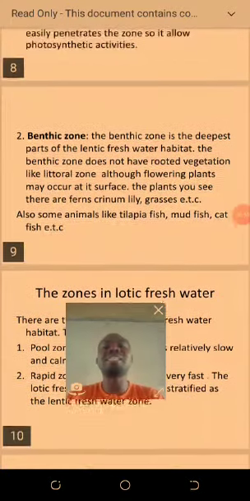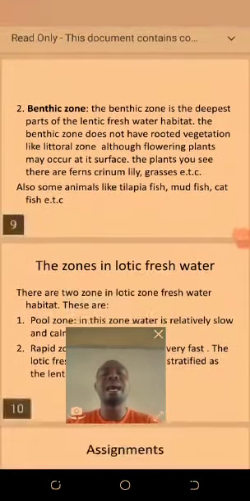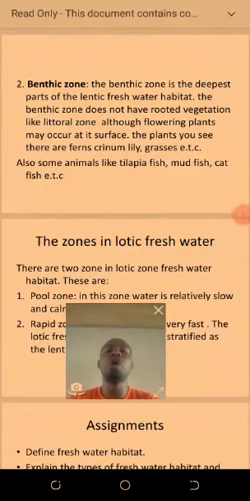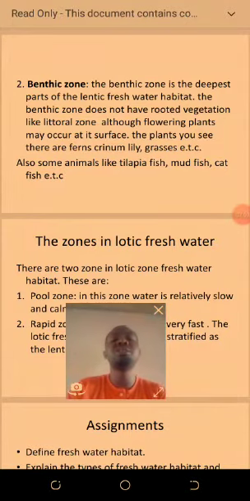It is deeper than the littoral zone, so the vegetation there is not like that of the littoral zone. Some animals are still there, like tilapia fish, mudfish and catfish, and also plants like the crinum lily and grasses. They are still living there.